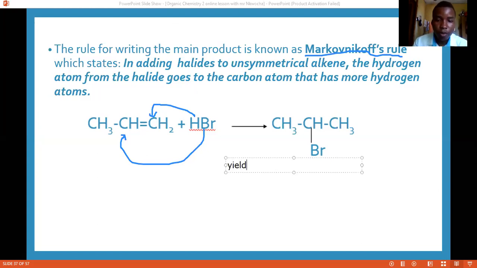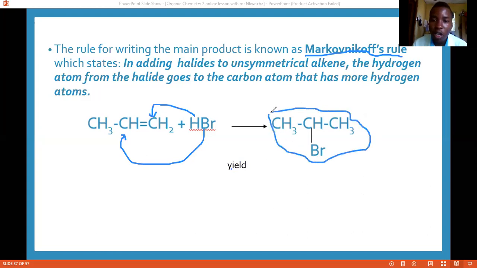Yield is the amount of product formed. The yield of this product that we have here is usually very high, it can be like 98%, while the other one, where hydrogen goes to the second carbon, can be like 5% or 2%.